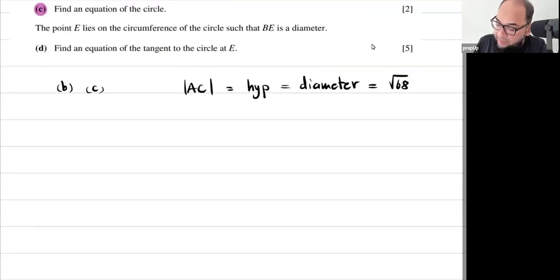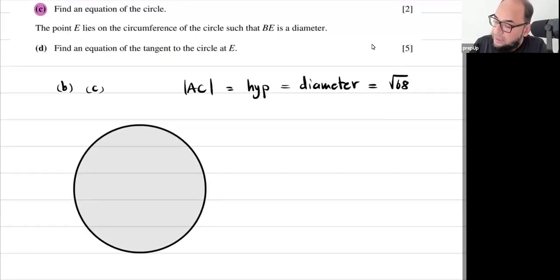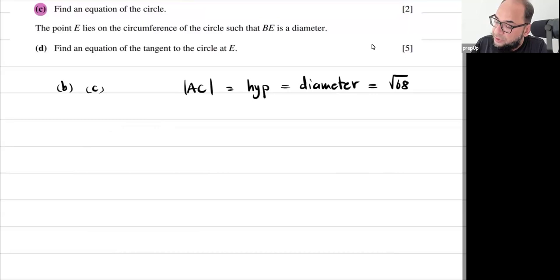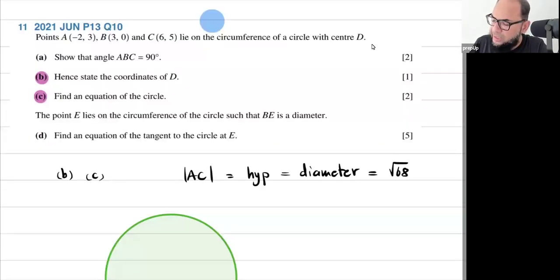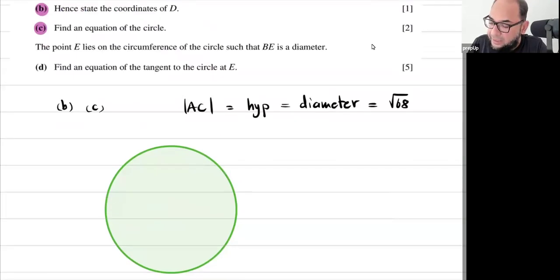Now let me draw a diagram to illustrate this idea. Instead of this, let me draw a green one. I'm not drawing it realistic, I'm just drawing it like that. And let me choose 3 lines like this. This is one, this is the next one, and this is the third one.